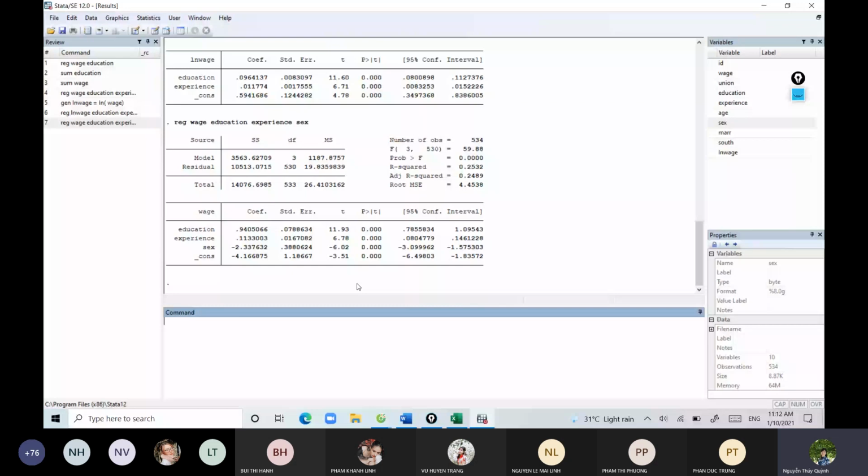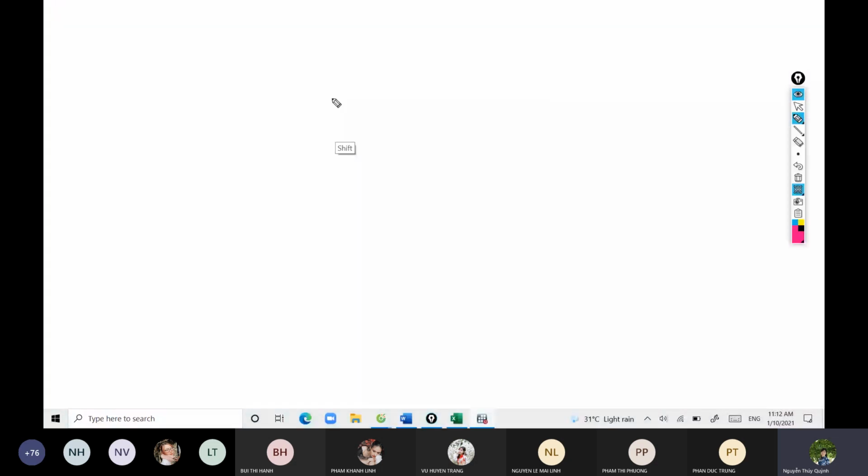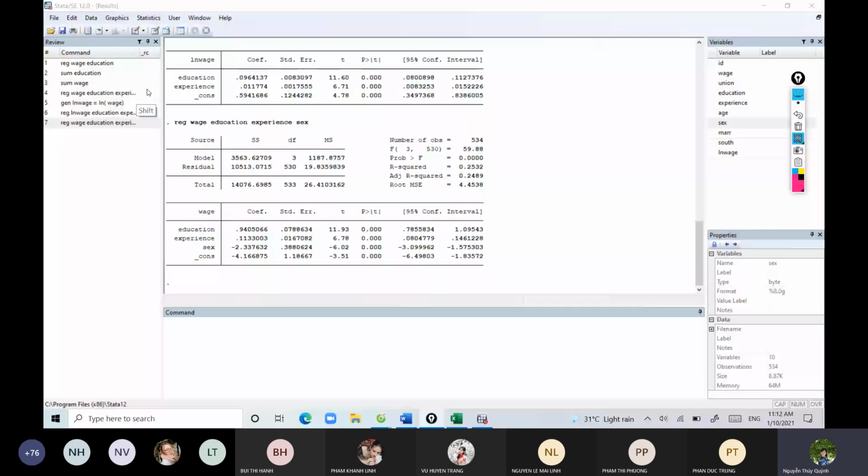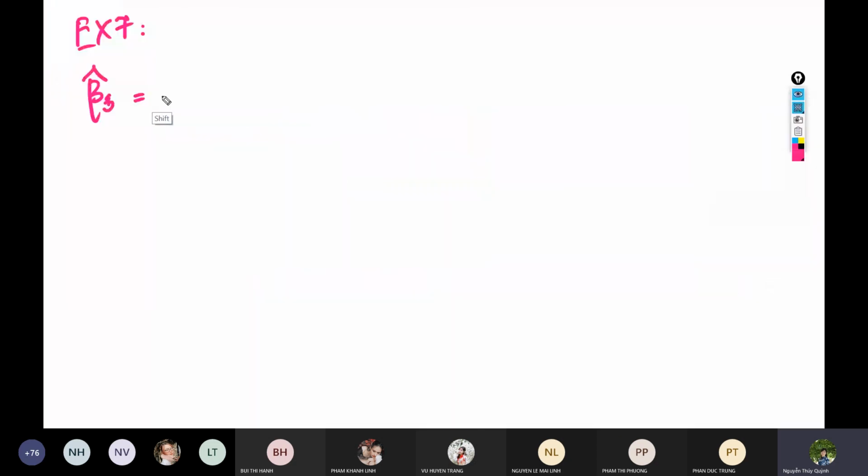Okay, so for exercise 7, the estimated coefficient on sex, beta 3 hat, is equal to minus 2.338. Okay, so what does this suggest?